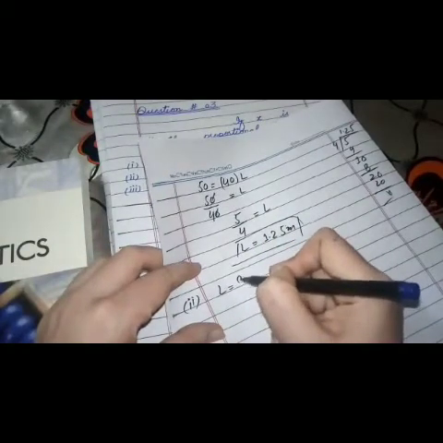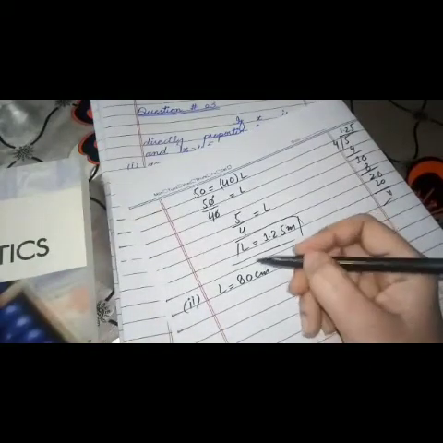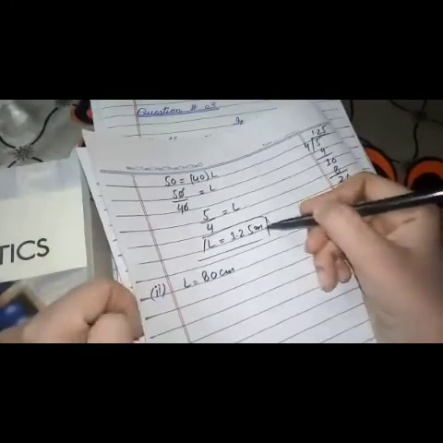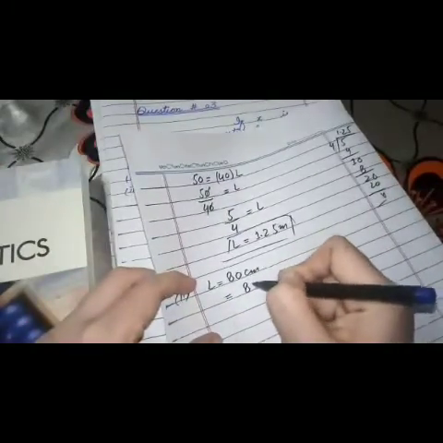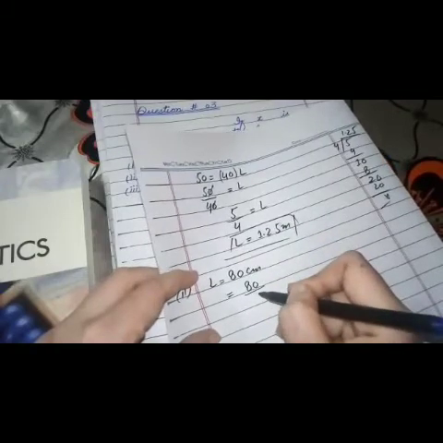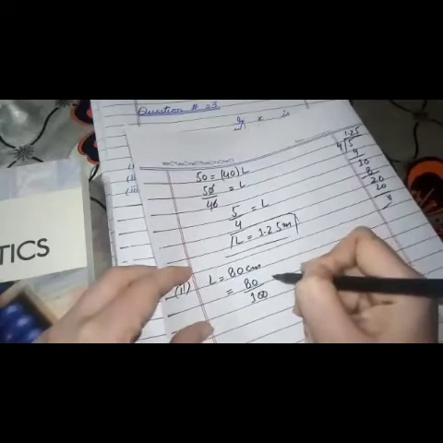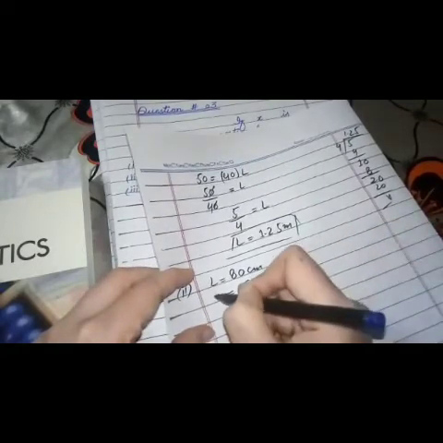Length is equal to 80 centimeter, whereas here length is in meter, so we should convert into meter first. To convert centimeter into meter, we will divide it by 100. That will be 0.8 meter.